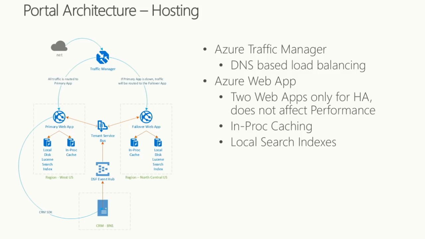What this ensures is that if one data center goes down, one is designated as primary, and that's the one you are hitting every time. If you get more load, it scales out, because if you use Azure Web Apps, you know that they scale out automatically. You are always hitting your primary web app. If your primary web app goes down for some reason, we switch you over to the secondary automatically.